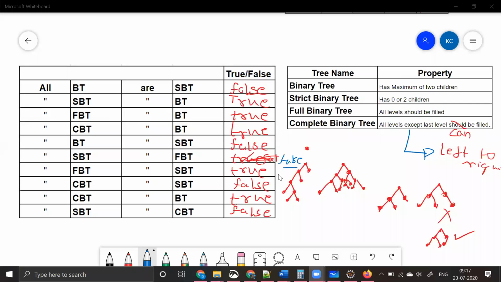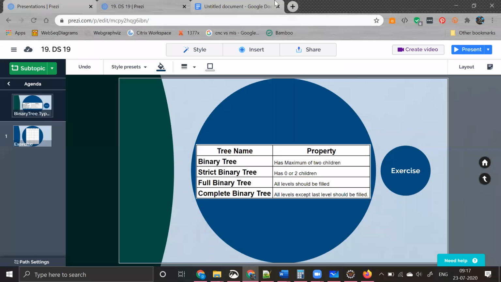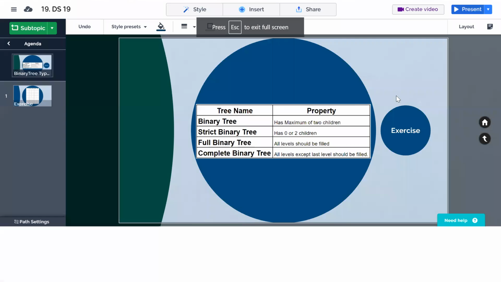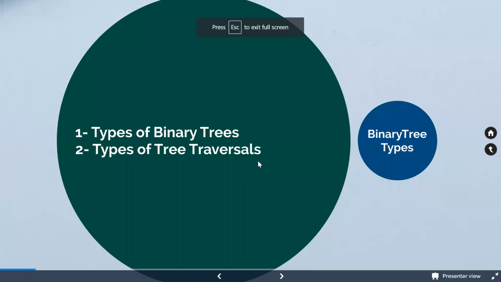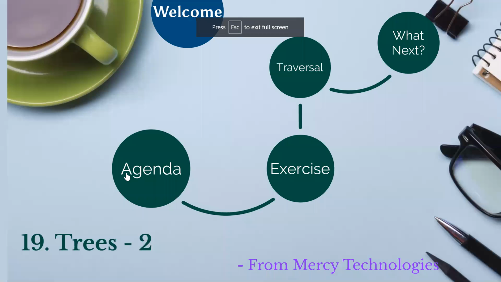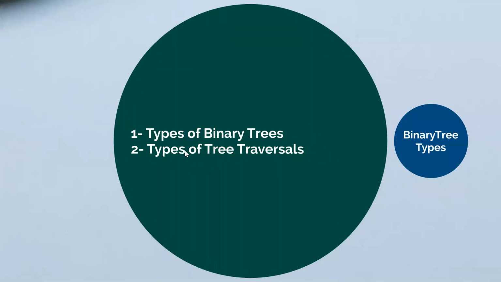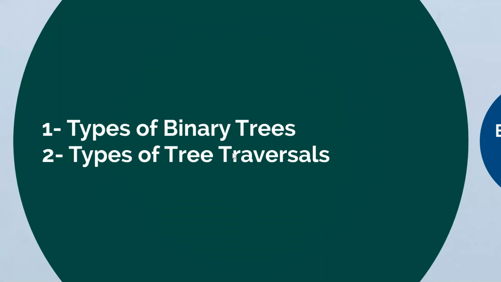So let's move forward with the class today. What is the one that we need to do again? Let me go to my agenda. We were done with our exercise, that's fine. The agenda was this: we should see the types of tree traversals.